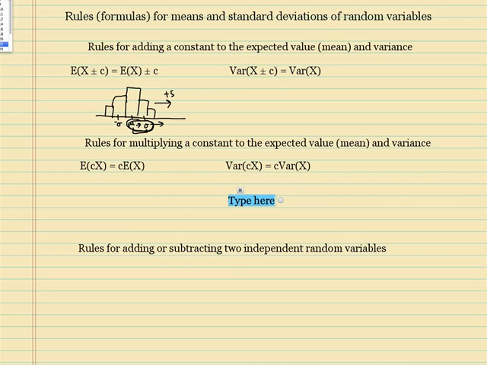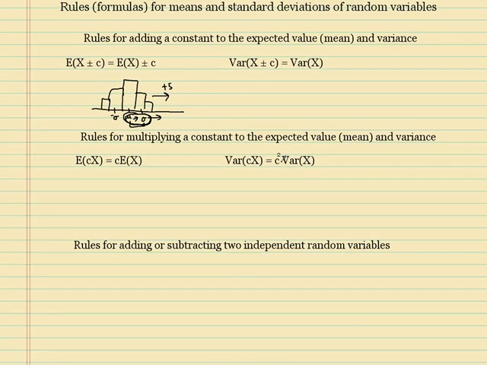This c is squared. So let me do that, and I'll add a little dot in there. C squared times the variance of x. This constant gets squared.